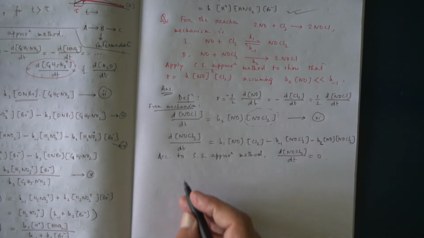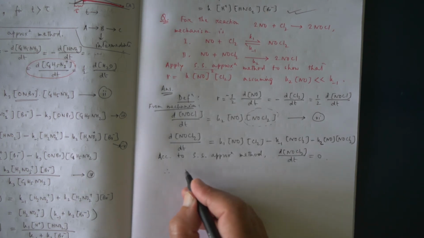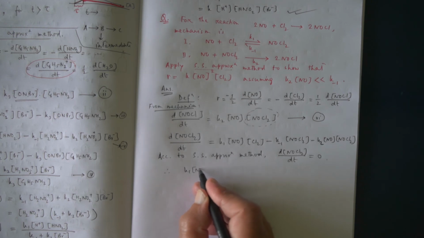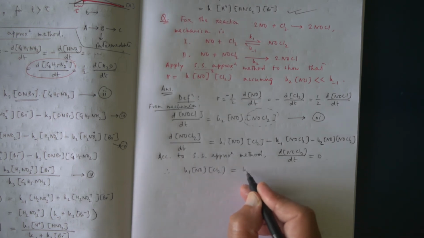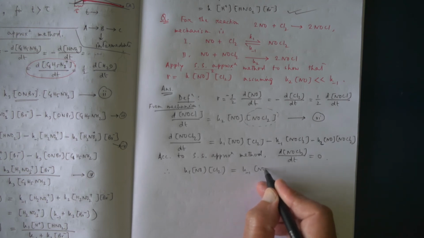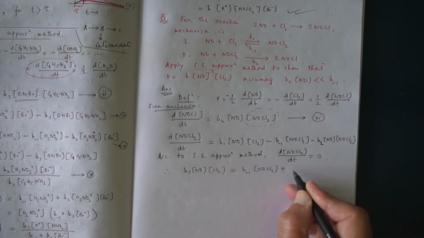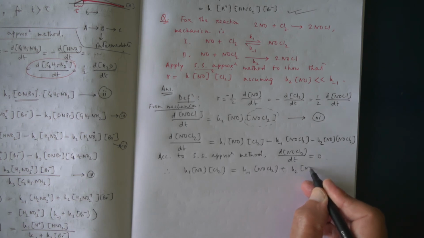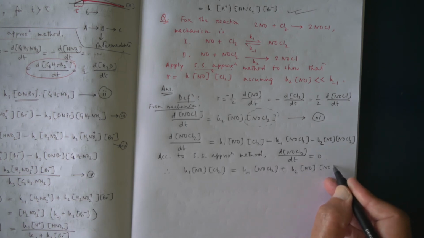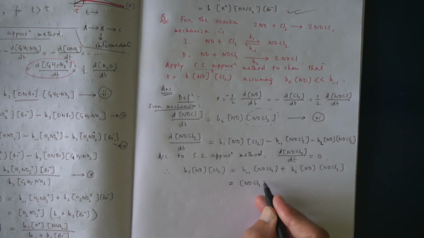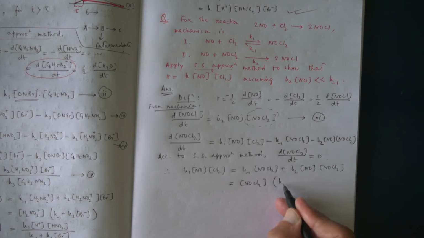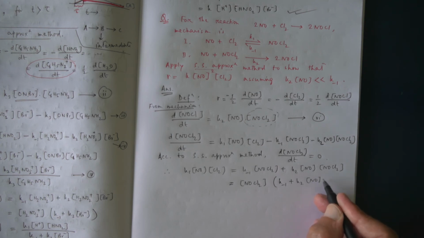So K1[NO][Cl2] equals K-1[NOCl2] plus K2[NO][NOCl2], which equals [NOCl2](K-1 + K2[NO]).